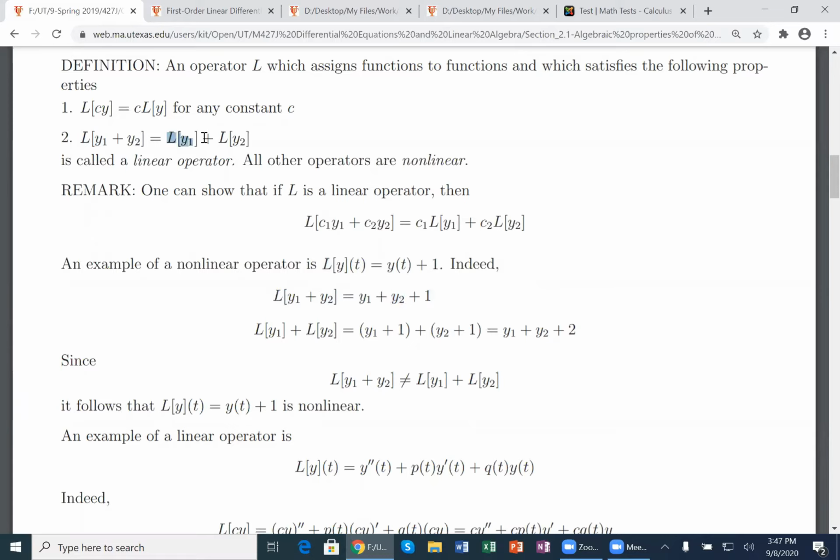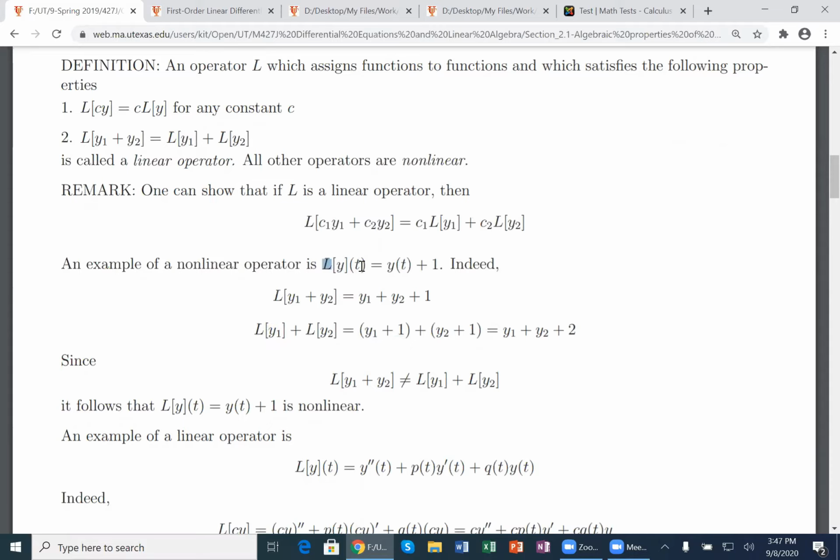But now, let us look at the right-hand side. It's over here. Again, according to what is written here, if we replace y here and y here by y1, we will get this. So, according to what is written here, L of y1 is equal to y1 plus 1.